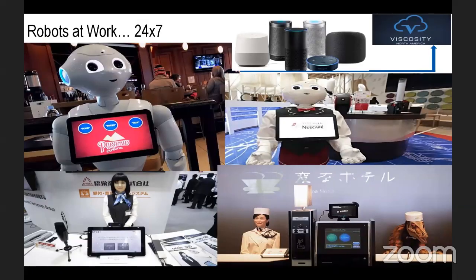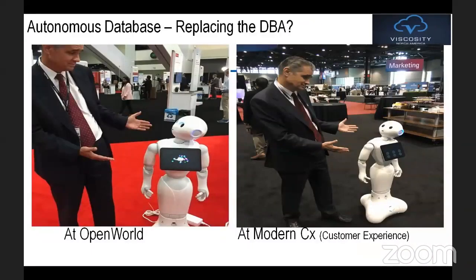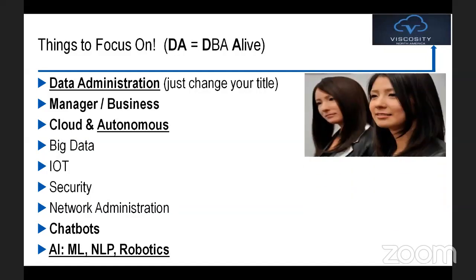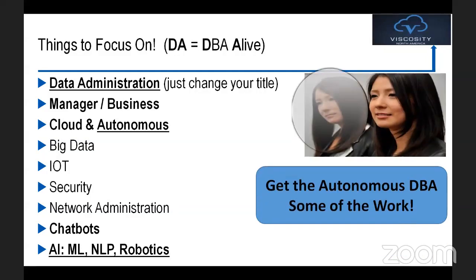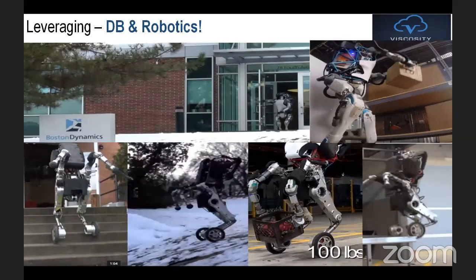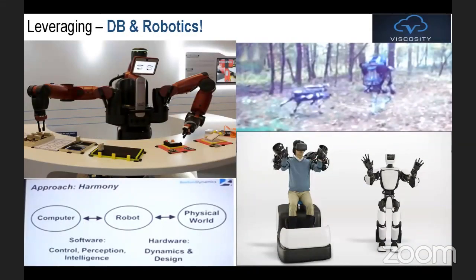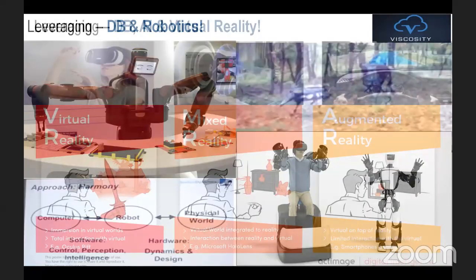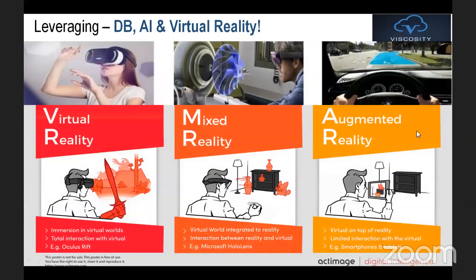You know, there's robots out there now, autonomous database. So am I focused on trying to get the autonomous DBA to do some work for me? Am I leveraging the database in robots? Am I leveraging the database and AI and virtual reality or mixed reality or augmented reality like leading-edge companies?